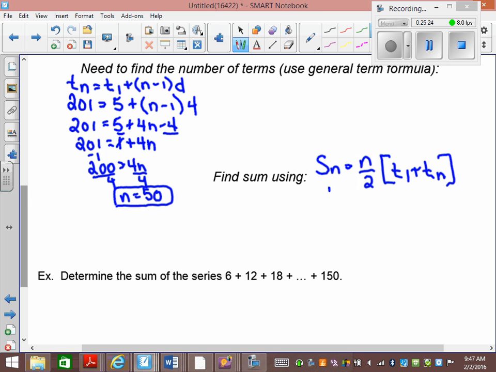So we're going to get S50 equals 50 divided by 2, times T1, which is 5, plus Tn, which is 201. So it's 25 times 206, which is 5,150.